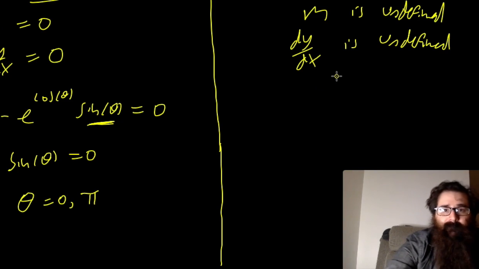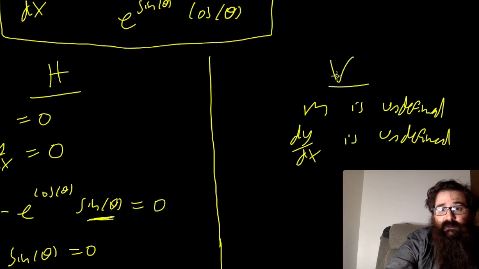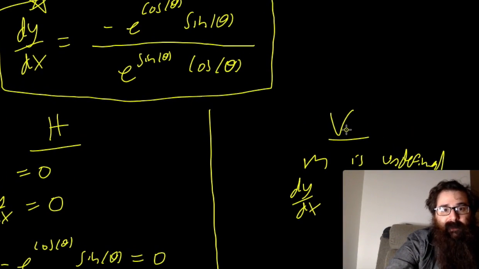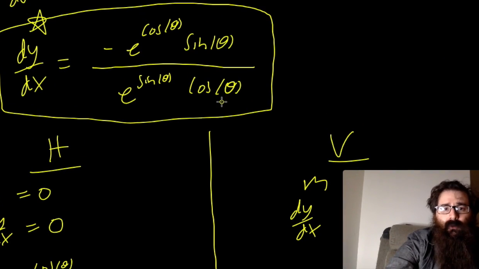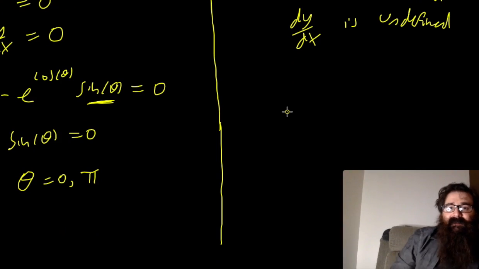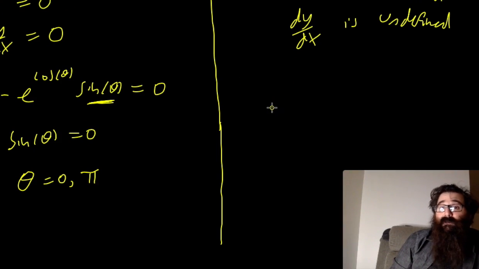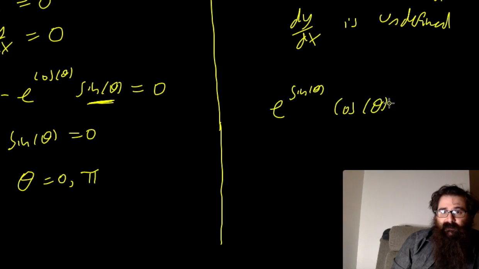Similarly, we can talk about the vertical points of tangency. We say the slope or the derivative has to be undefined, which means I want division by 0. So now I'm focusing my attention on the denominator, that e to the sine theta times cosine theta would have to be 0.